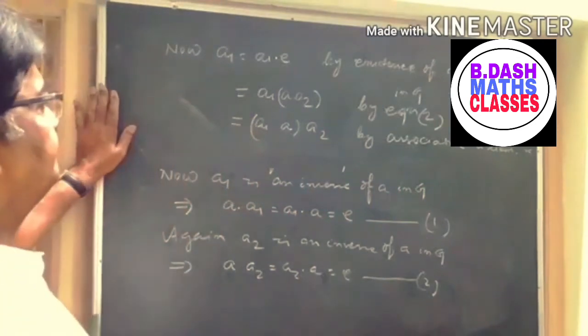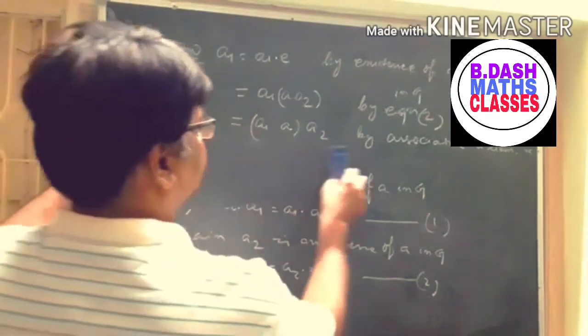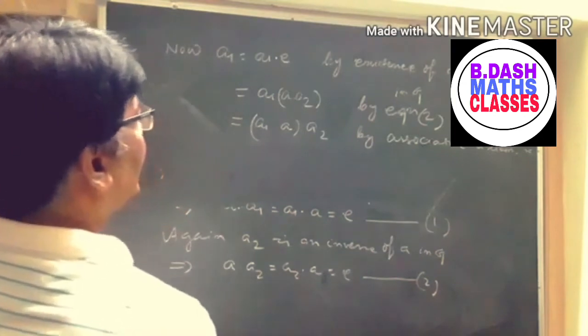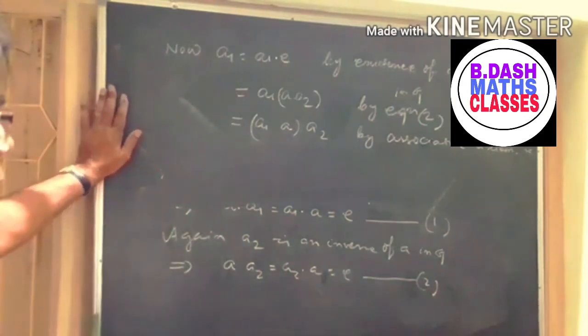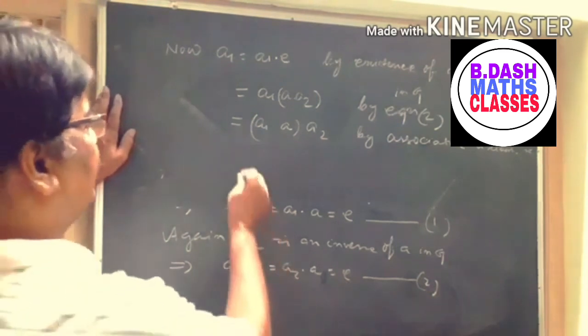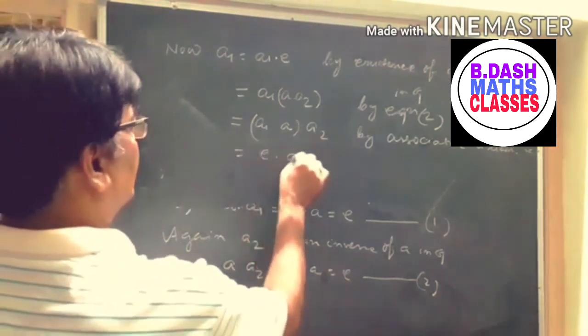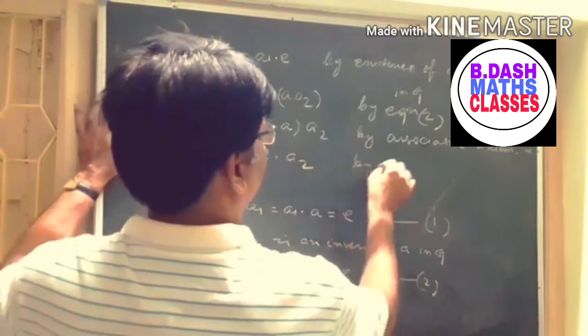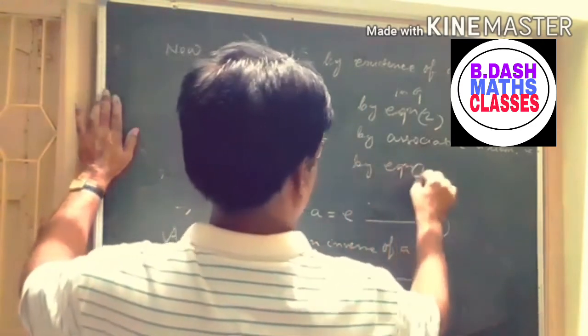So now we are getting A1 A into A2. A1 A is equal to E, so E into A2 by equation 1, you see.